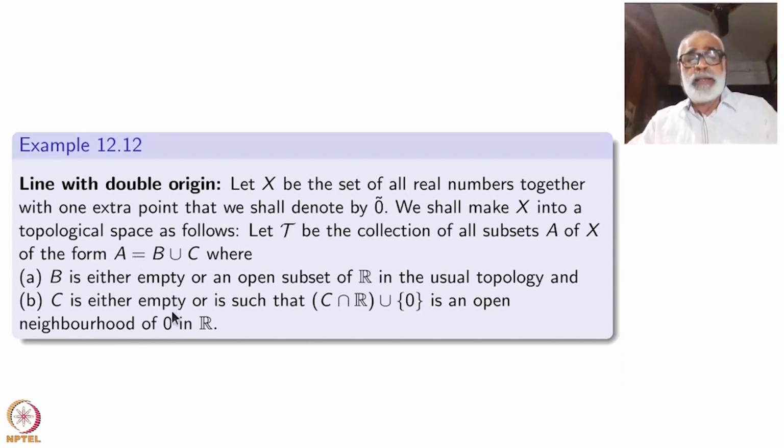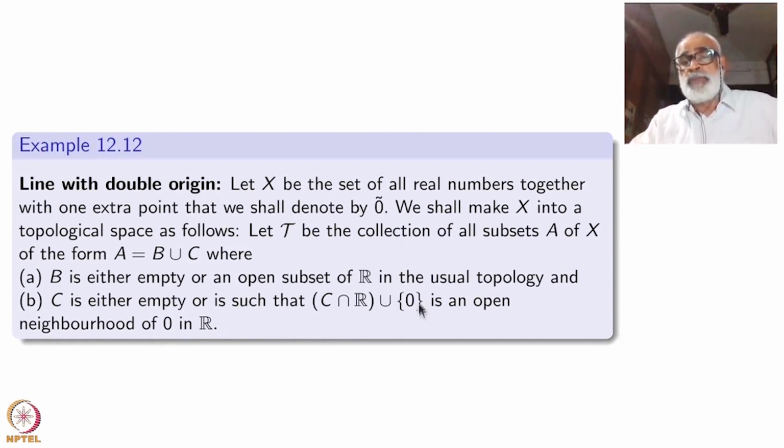Now the second part says it is empty, or 0 twiddle may be there, so you intersect it with R. That means you are throwing away 0 twiddle. But now you take the union with 0: throw away 0 twiddle and put back this 0, that is now a neighborhood of 0 inside R. Is that clear?